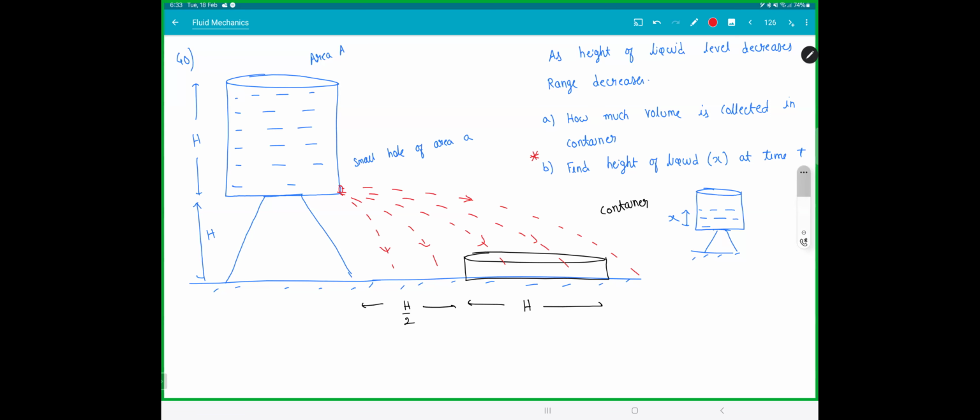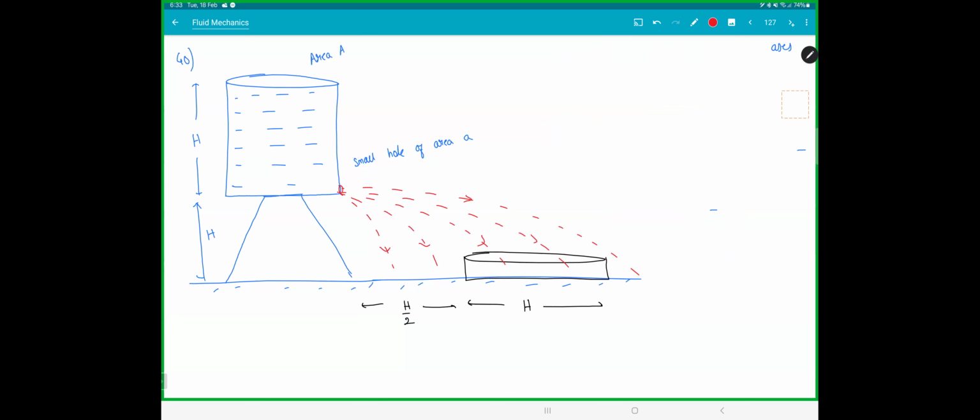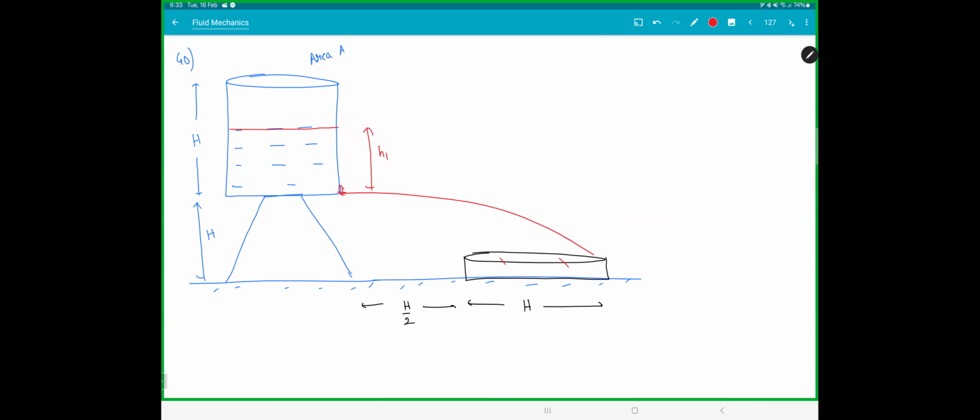Okay. Let's see how to do the first part. The catch in the first part is that you don't actually need integration. Think of it like this. As the liquid level is falling, at a particular height, let's say H1, the liquid will hit the right edge of the container for the first time.